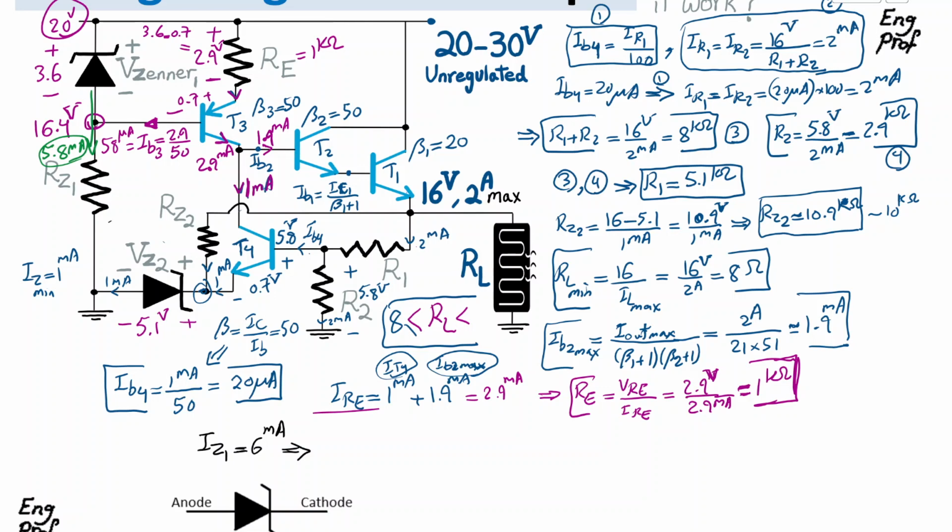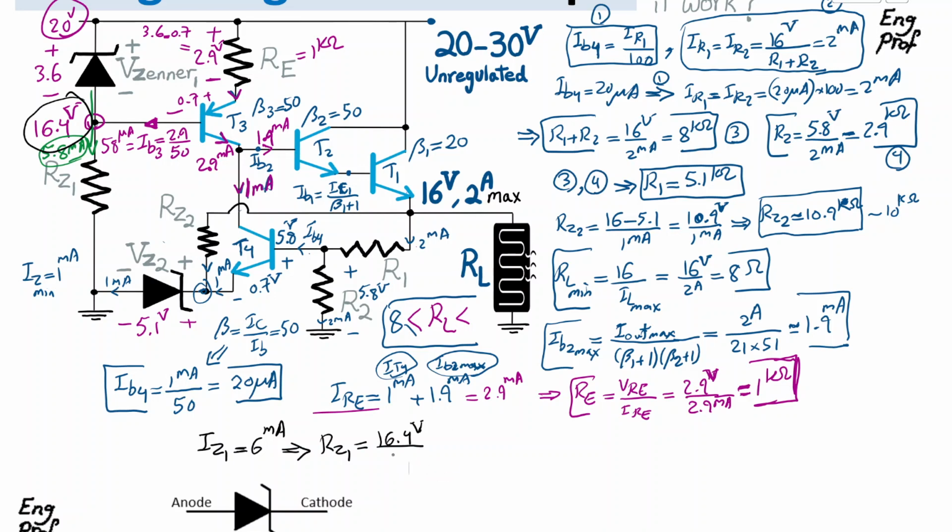So minimum voltage across RZ1 is 16.4, and on the other side we have 0. In order to guarantee that through RZ1 I have 6 milliamp minimum, RZ1 is equal to 16.4 volt divided by the current of 6 milliamp that is planned.